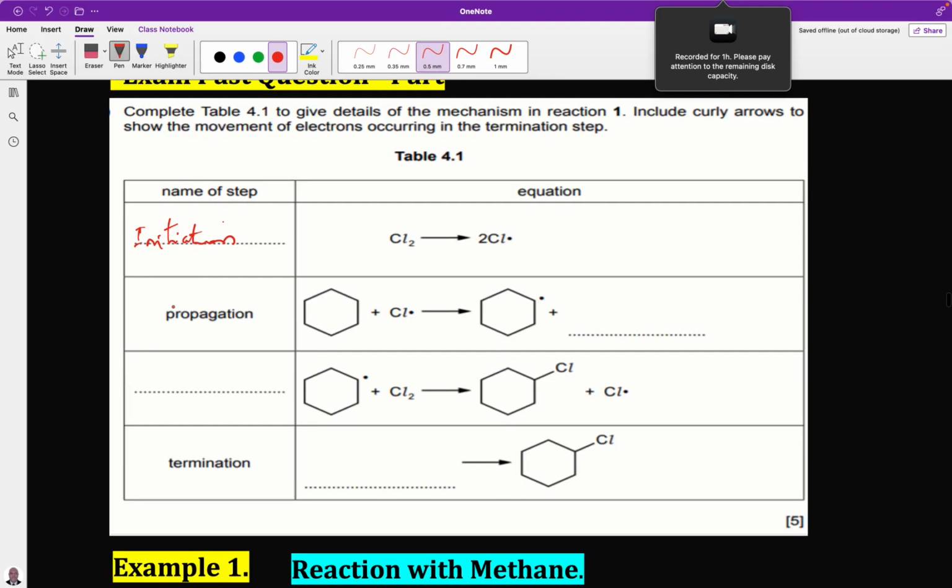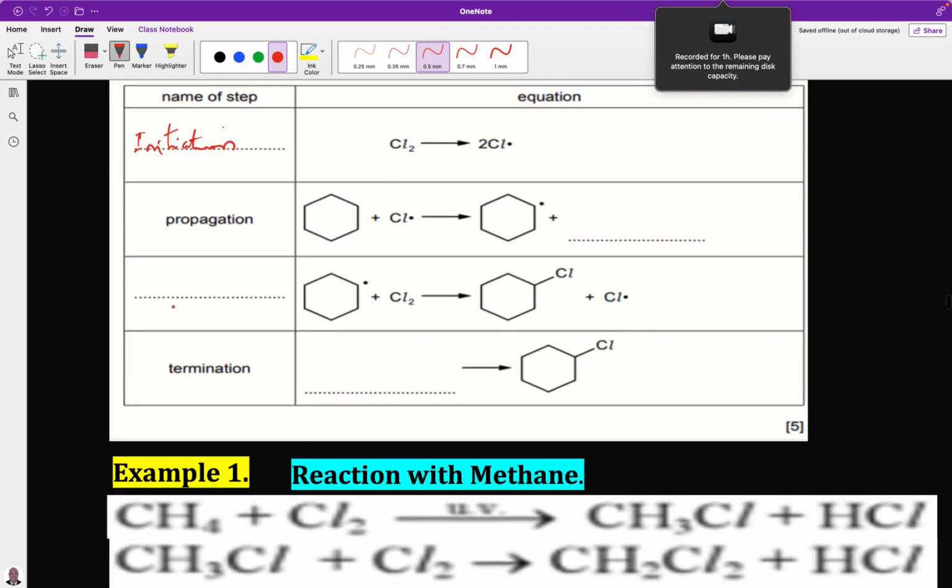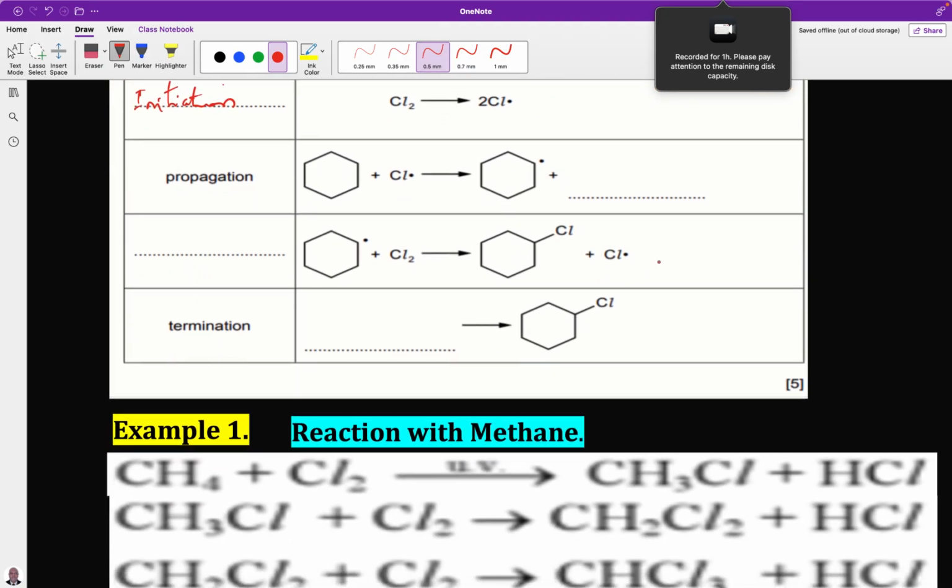Okay. Propagation. We say propagation is continuous homolytic fission. They are telling us this is a free radical. A free radical needs something. There must be homolytic fission here to produce a molecule. This is a free radical that has been produced.